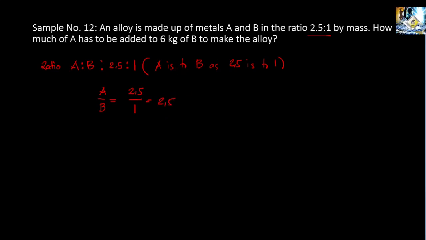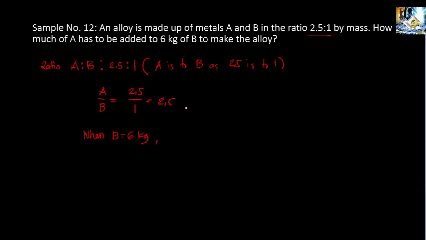Now, how much of A has to be added to 6 kg of B to make the alloy? Let's go back. For B, the statement already gave the weight: the weight of B is equal to 6 kg.